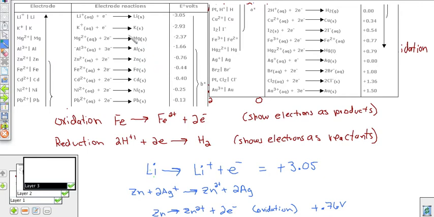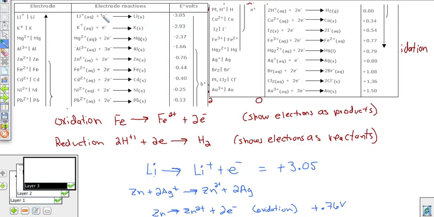The reduction potential chart only shows the ions being reduced, so you see the electrons all as reactants. That also tells us what the oxidation is. So lithium ion plus an electron goes to solid lithium, and it's going to be -3.50 volts.